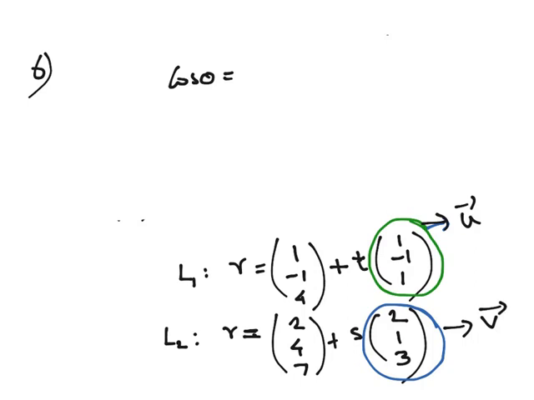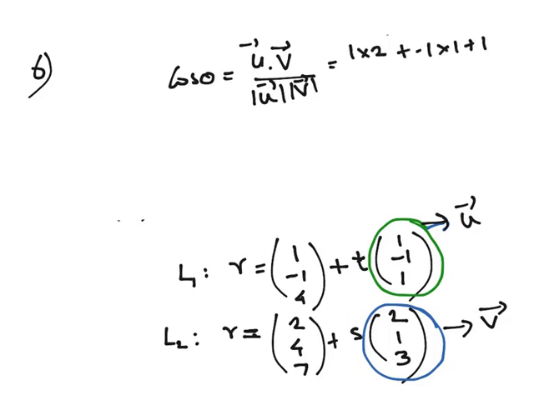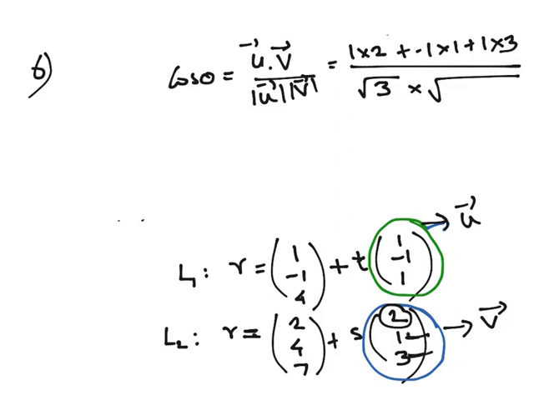So what is the formula? U dot V by magnitude of U into magnitude of V. That means the dot product is 1 into 2 plus minus 1 into 1 plus 1 into 3, divided by magnitude of U vector, which is square root of 3, multiplied by magnitude of V vector. If I square 2, 1 and 3, I'll get 4 plus 1 plus 9, so square root of 14.